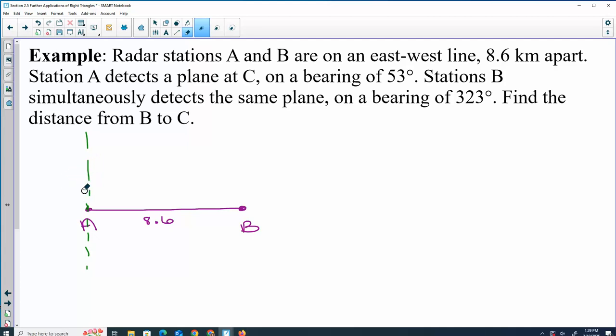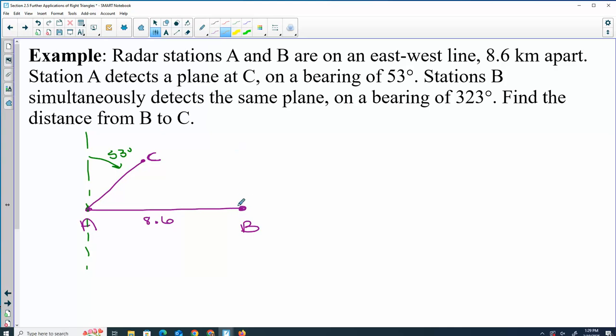Okay, so if I only give you a single degree, that's from the north-south line, we're going 53 degrees, and that'll take me to the line point C is on. Station B simultaneously detects the same plane on a bearing of 323 degrees.